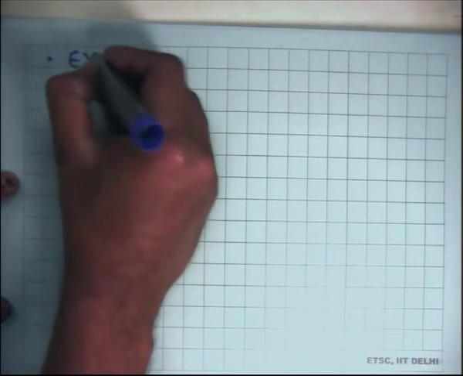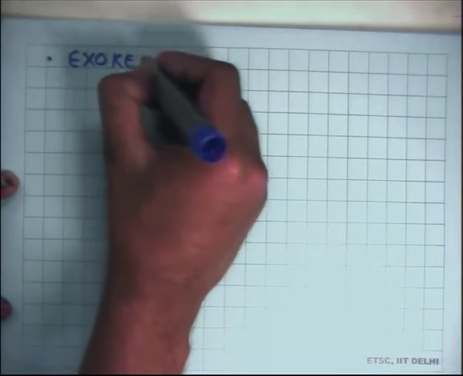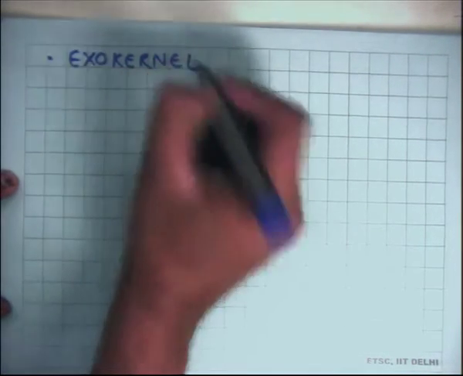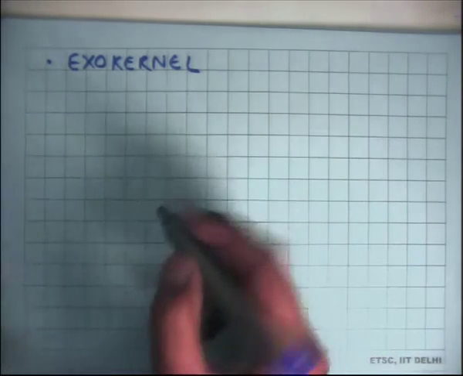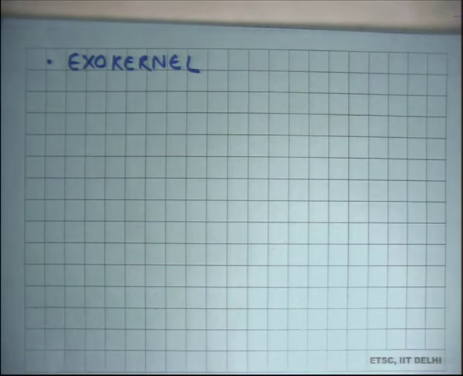There was an alternate organization called an Exokernel that was proposed somewhere in the late 90s, and Exokernel was also a microkernel, except that it tried to move most of the functionality of the operating system to the application level.